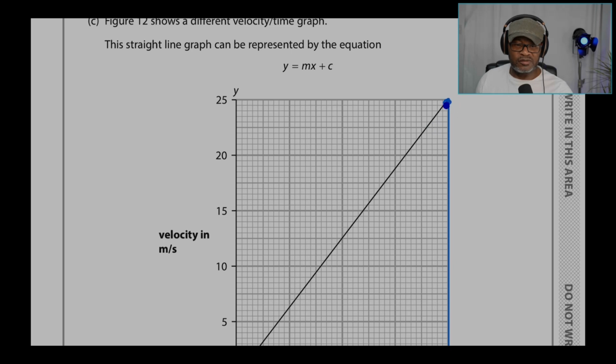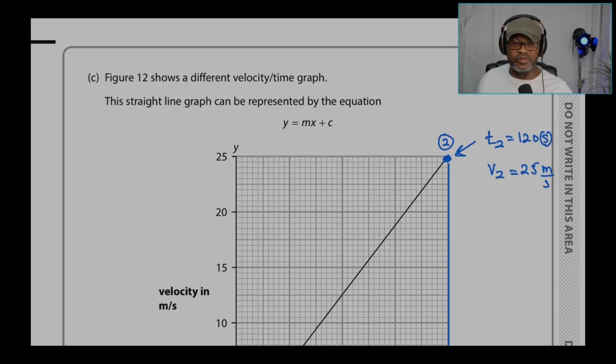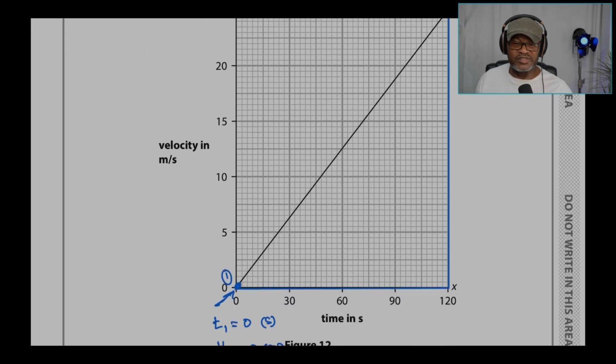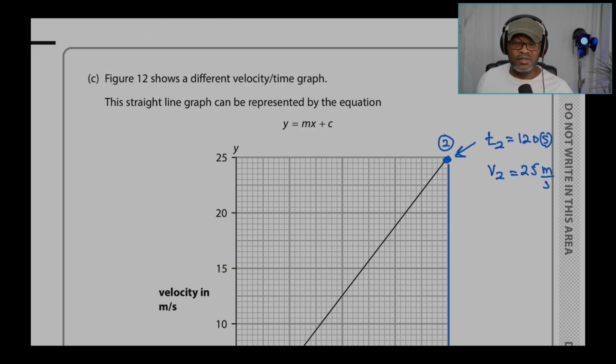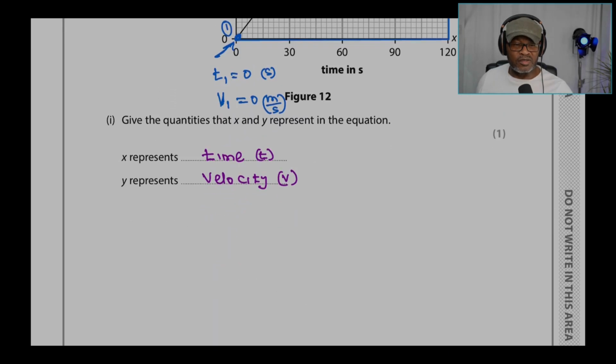Choose that point. So the coordinate there will be point number 2, and the coordinate will be t2 because it's point number 2 equals the time is 120. So you can see there 120, and v2, this is velocity, is 25 meters per second, 120 seconds. Now we can work out the gradient.